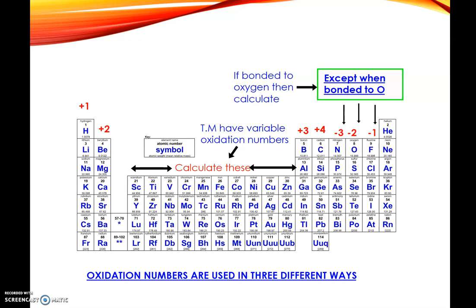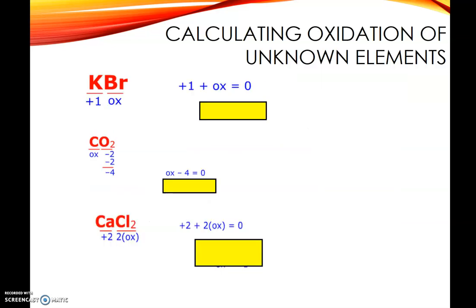Groups 1, 2, 3. Group 4, we've assigned here a +4, but it can be variable. And again, groups 5, 6, 7, usually -3, -2, -1, but they can change as well. Transition metals commonly have an oxidation number of +2, but this does change.